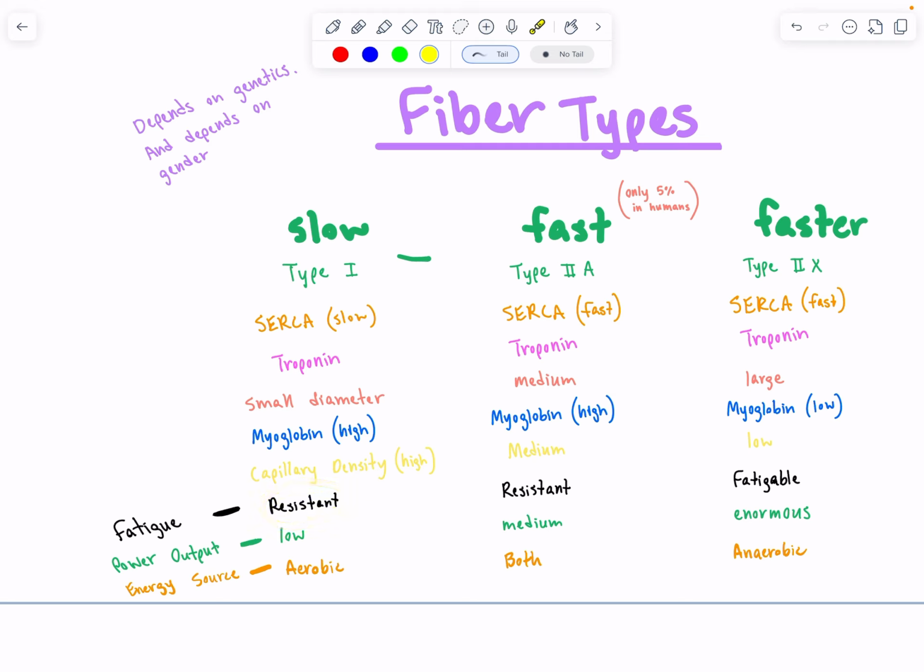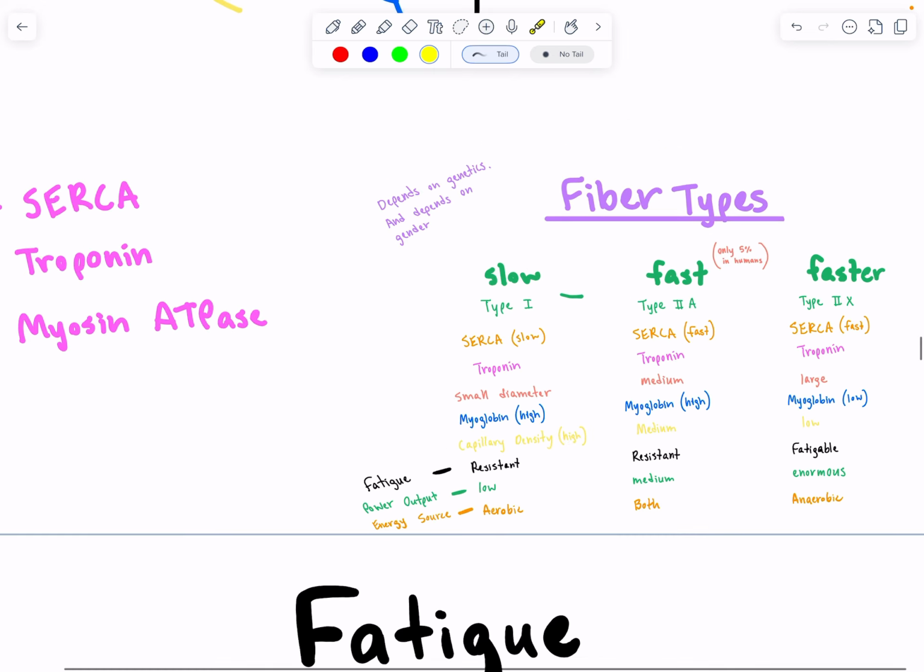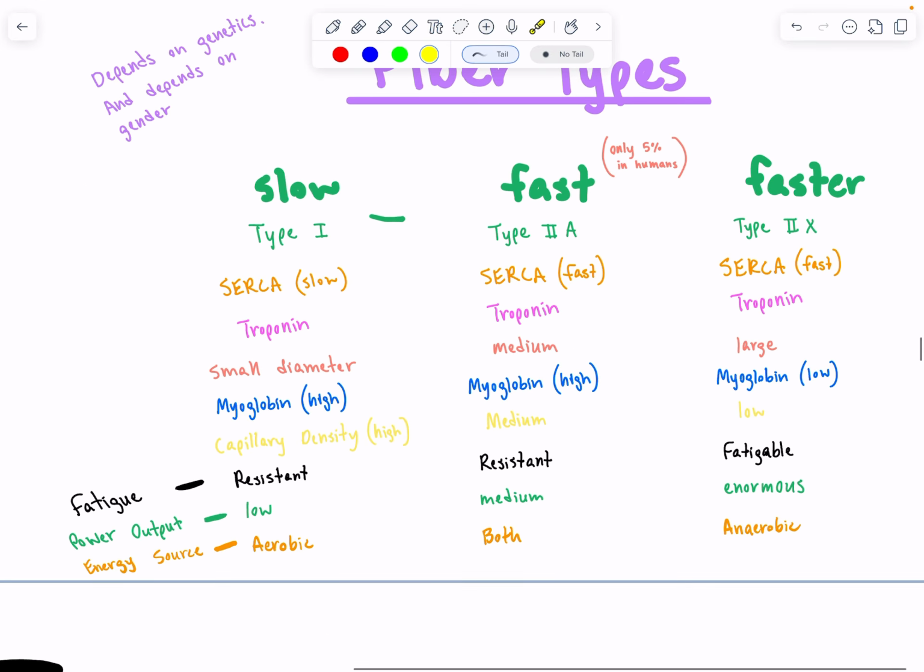That's why, hanging on a bar for example, you'll probably be able to last longer than doing pull-ups. So it's resistant to fatigue because it uses oxygen. When the ATP source comes from aerobic respiration, it lasts much longer, like we saw above with those different energy sources.